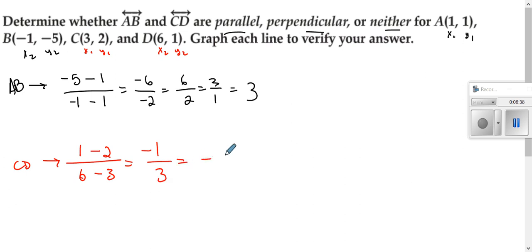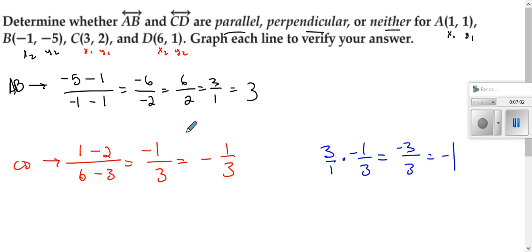So we get a -1/3. Notice if I did the reciprocal of 3, it would be 1/3, and the signs are different, so these are going to be perpendicular. If you're not for sure, you can multiply these two things together. 3 times a -1/3 would be -3 over 3, which is -1.